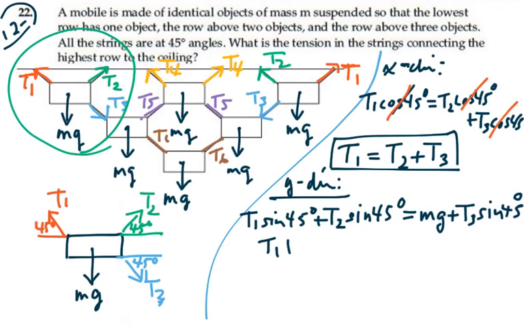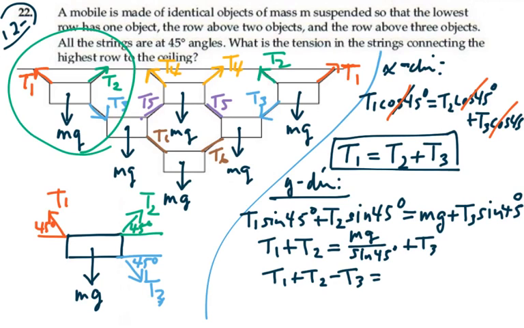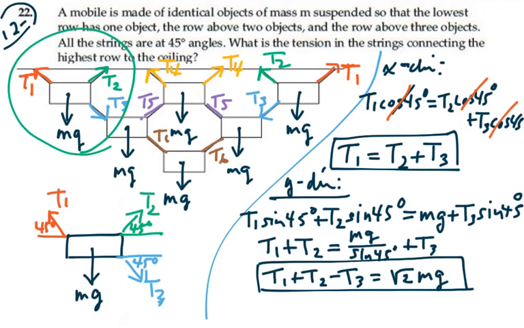So we have T1 plus T2 is equal to mg divided by the sine of 45 plus T3. Or we could write this as T1 plus T2 minus T3 is equal to mg divided by the sine of 45, which is going to be the square root of 2 times mg, because sine of 45 is square root of 2 over 2, and 1 over that is the square root of 2.